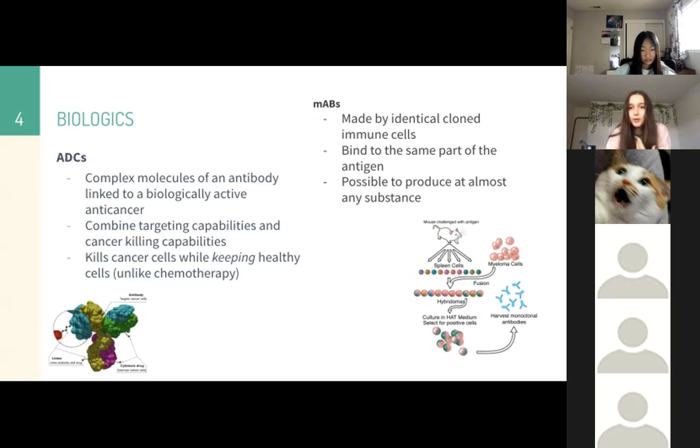Chemotherapy kills all cells, including cancer cells, but ADCs are different because they kill the cancer cells while keeping the other cells healthy. mABs stand for monoclonal antibody drugs. Researchers can design antibodies that specifically target a certain antigen, like the ones found in cancer cells, and then they can make copies of that antibody in a lab.